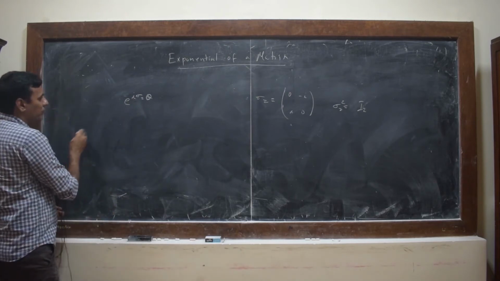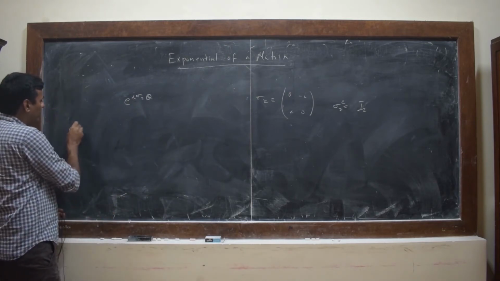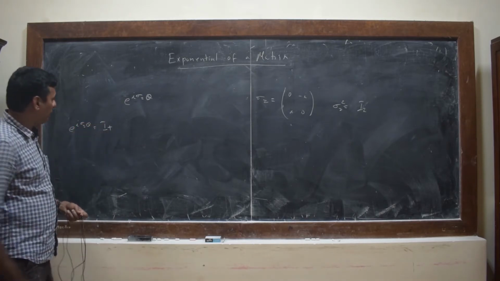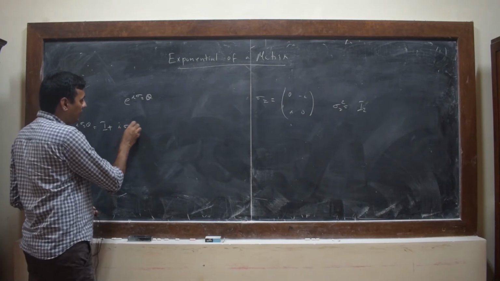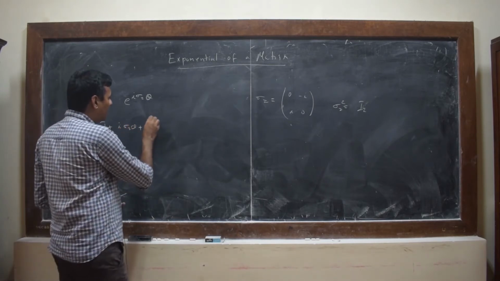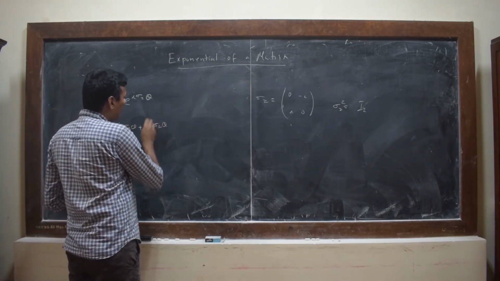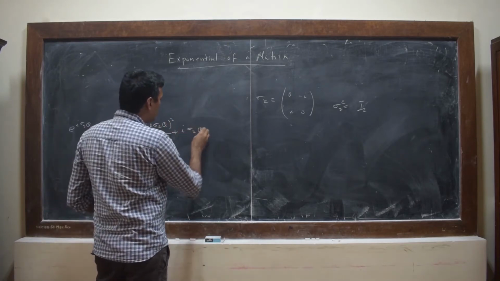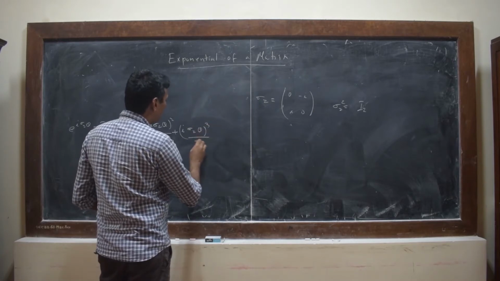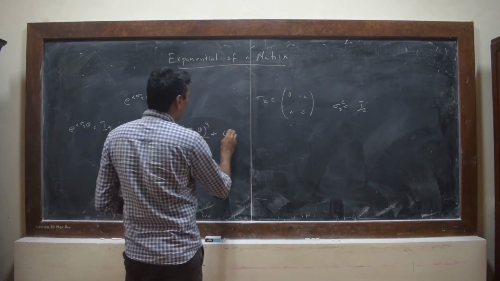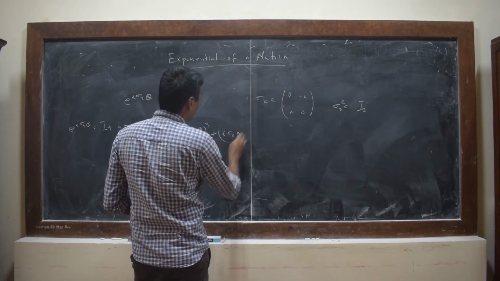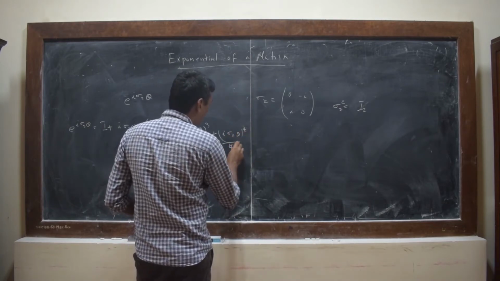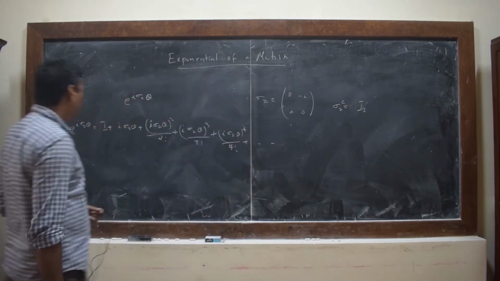Okay. So, e raised to i sigma 2 theta by definition is equal to identity plus i sigma 2 theta plus i sigma 2 theta whole square divided by 2 factorial plus i sigma 2 theta whole cube by 3 factorial plus i sigma 2 theta raised to 4 divided by 4 factorial plus etc. etc. Okay.